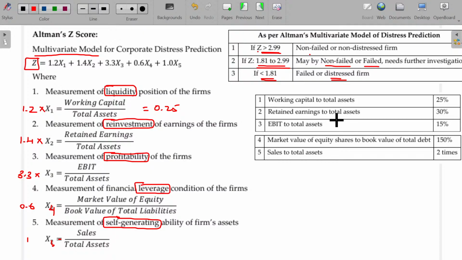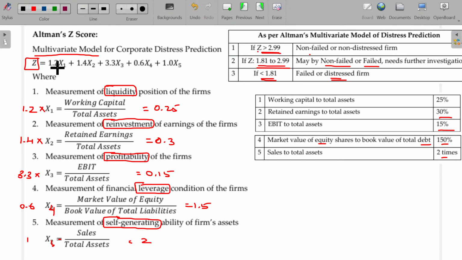Retained earnings to total assets 30%, that is 0.3. Profitability, EBIT by total assets, 0.15. Market value of equity to liabilities, leverage, equity to debt 150%, 1.5. Sales to total assets being 2 times. So we got these values.